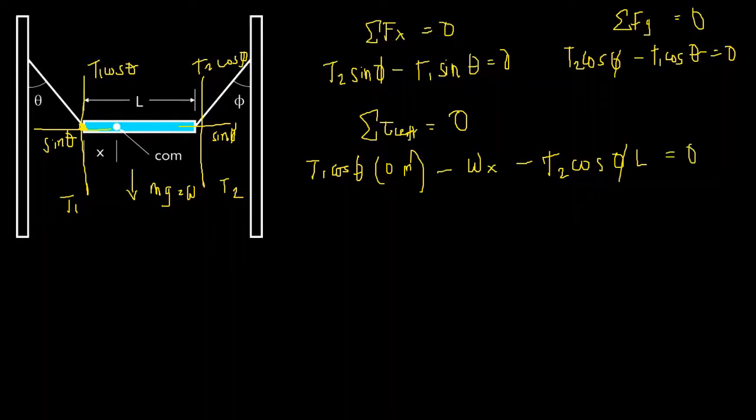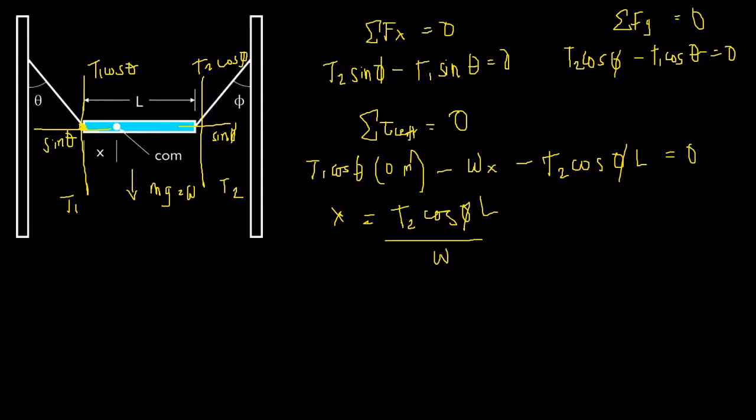And now, we solve for x. Kasi ang nahanap natin dito is the value of x is yung distance from your pivot to your center of mass. So, ang gagawin natin is x is equal to T2 cosine phi L over W. So, saan nanggaling yung expression na to? Simple lang.